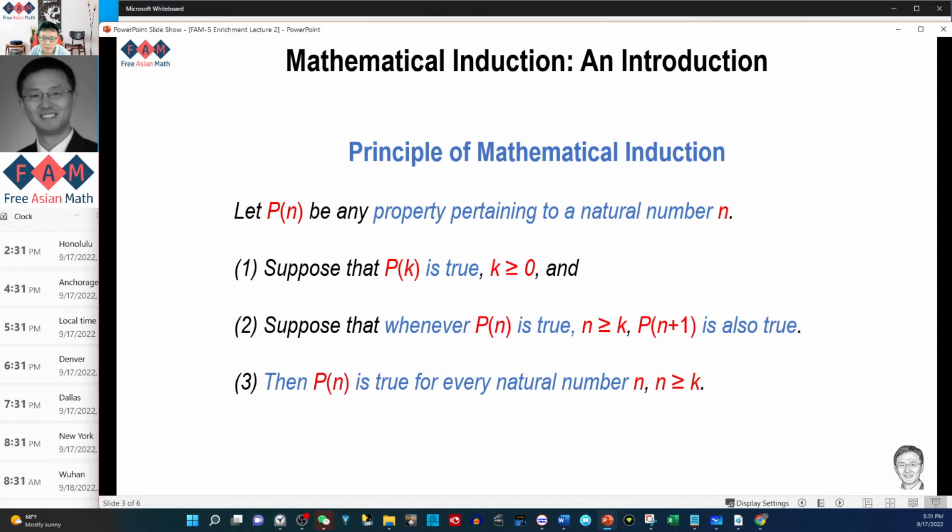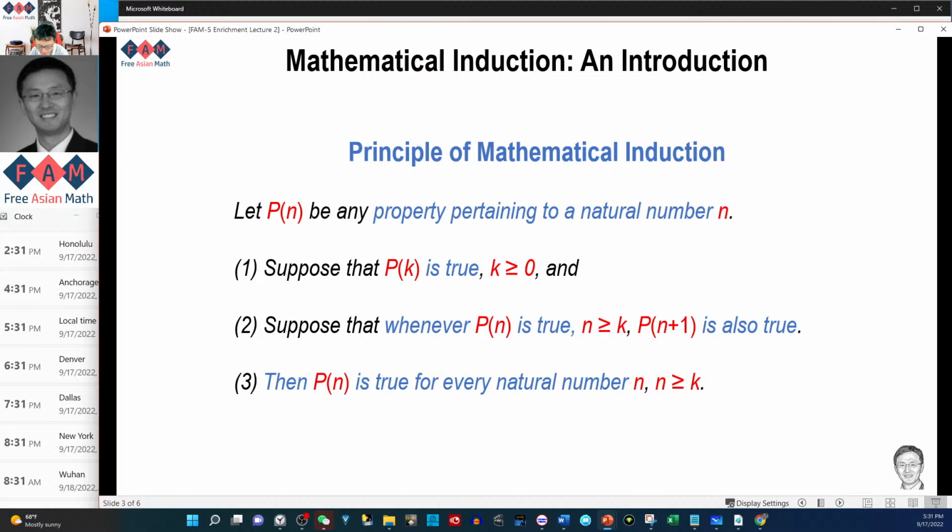Whenever this property P is true for natural number n, where n has to be at least k, our initial one, it cannot go before the initial one, but any number after the initial for n, whenever this Pn is true, then we know the next one is also true, meaning that for n plus 1, this property is also true.